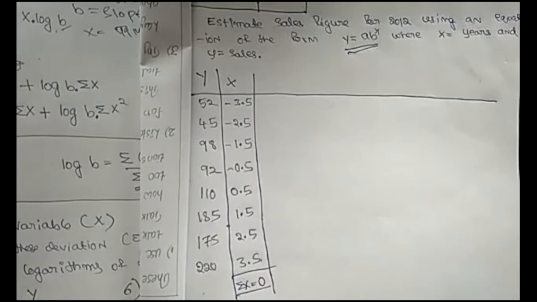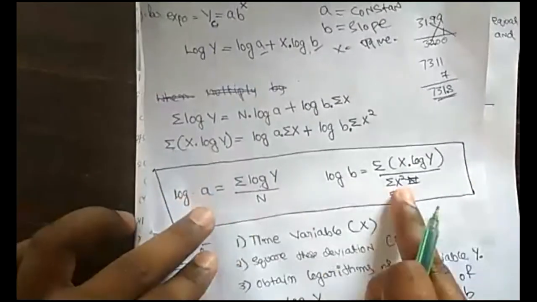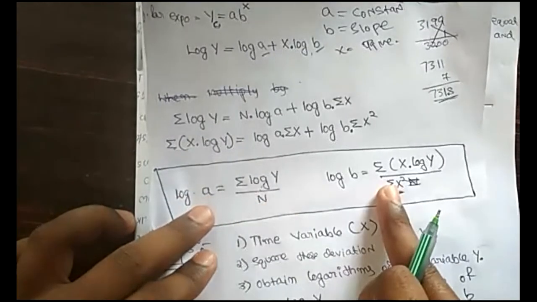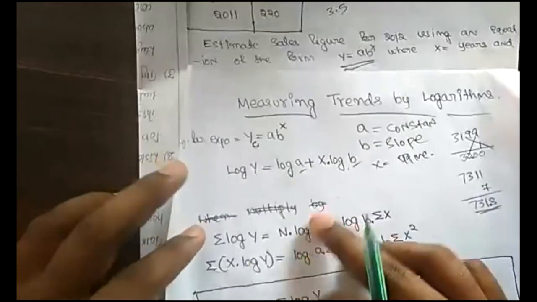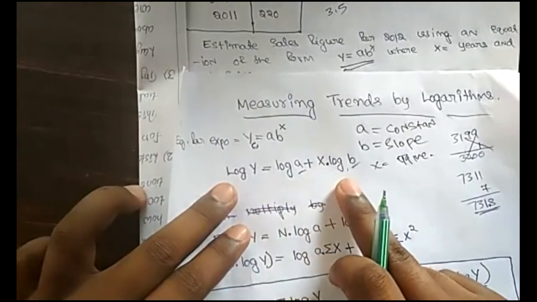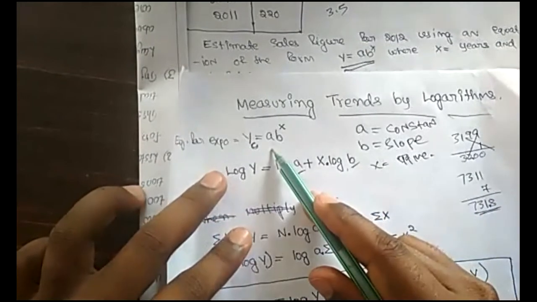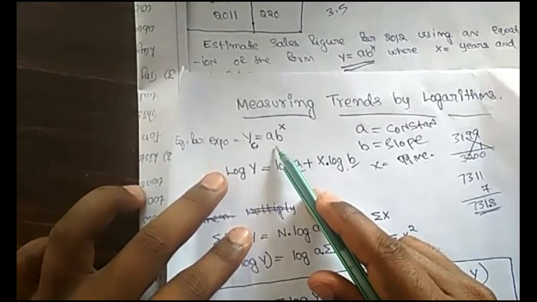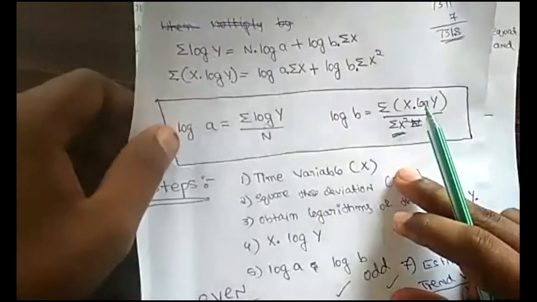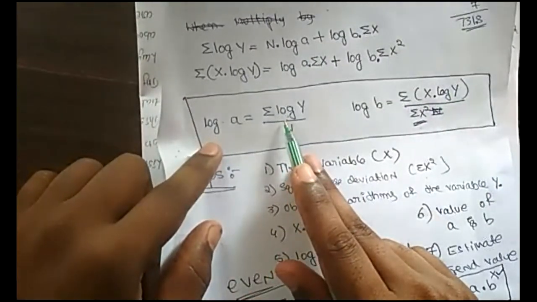So when the sum of x is 0, we have to use these two equations to find log a and log b. The equation is log y equals log a plus x into log b, and to estimate the values, we can use y equals a into b to the power x. Now look at this formula.